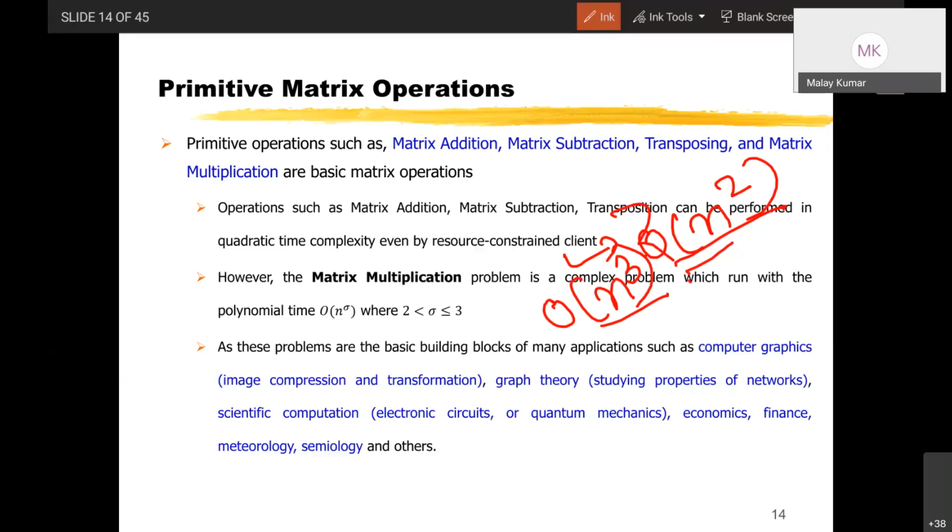The reason to address such problems, first, is the complexity. This is a complex problem, so such computation is not possible over the thin client.